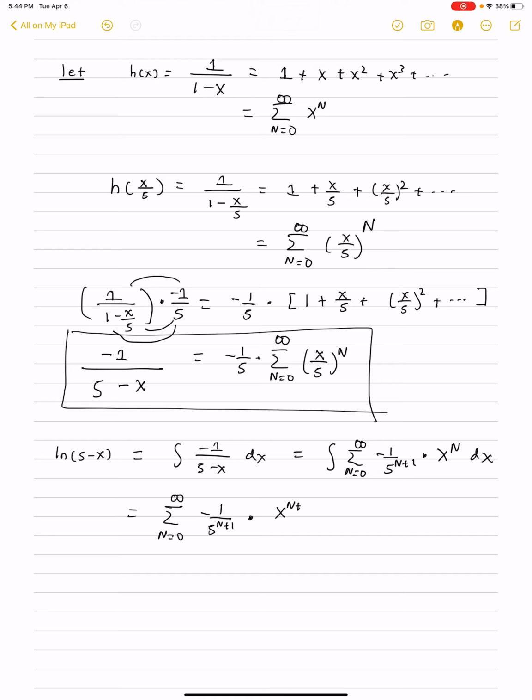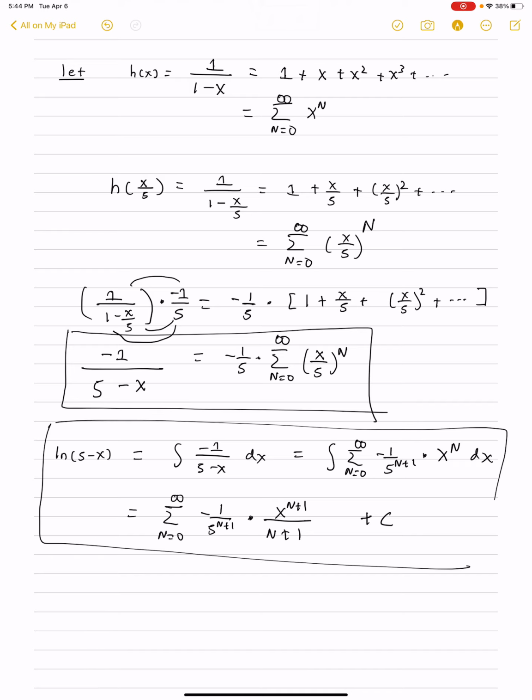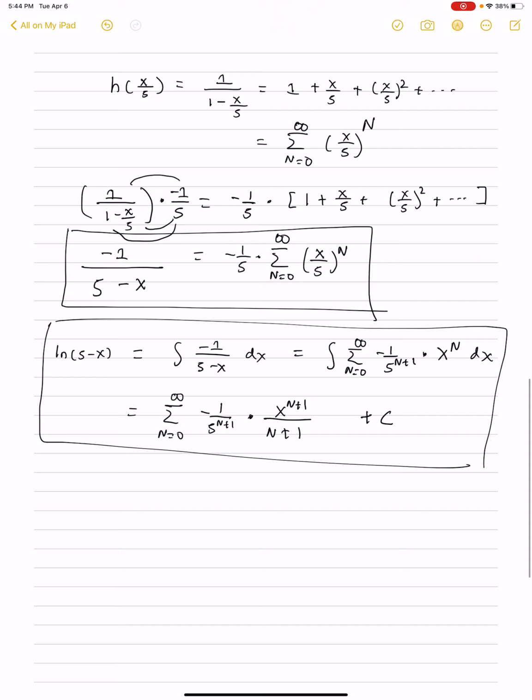So I'll have x to the n plus 1 divided by n plus 1. And then you're going to tell me, hey, there's a constant of integration. So sure. This is our representation, but we can do one better. Let's determine the value of c.